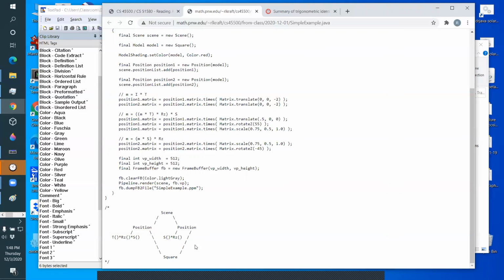Okay, so that render is a depth first traversal of a graph now. Before, our render was just traversing a tree. Now it's traversing a graph. In all the other renders, the scene was a tree. Now the scene is a graph, and we're doing a depth first traversal of the graph.